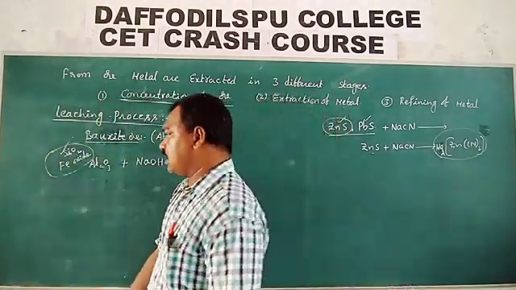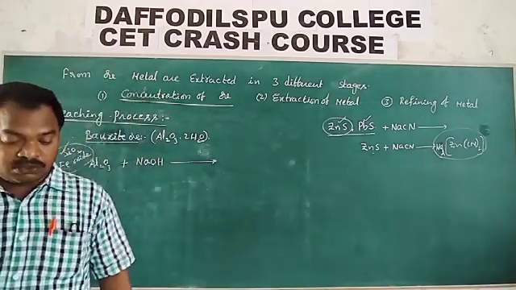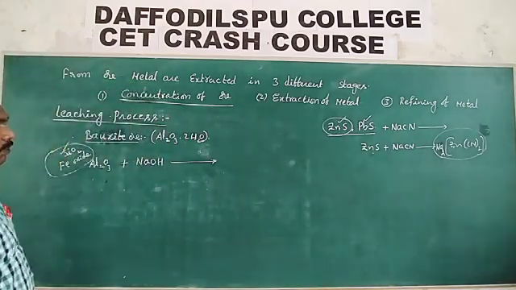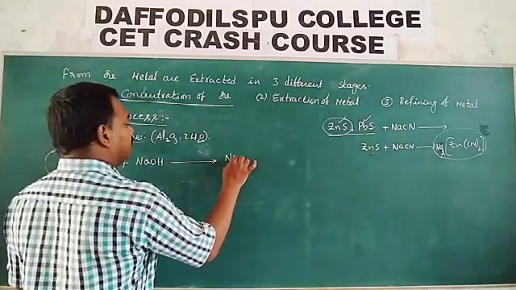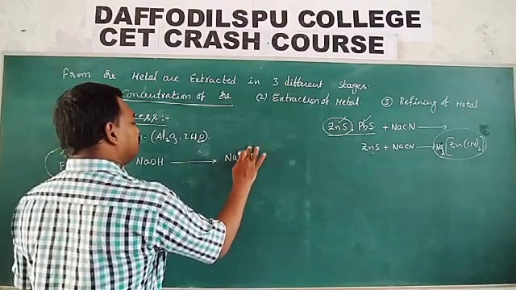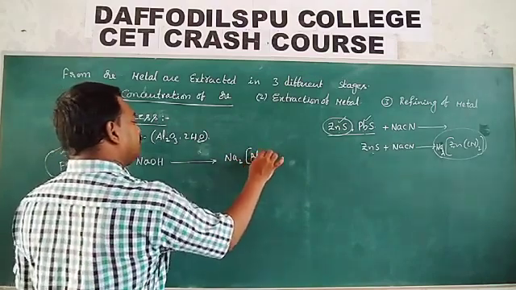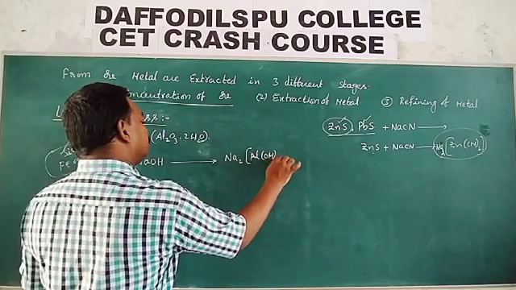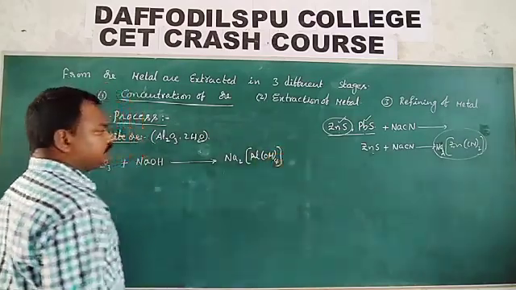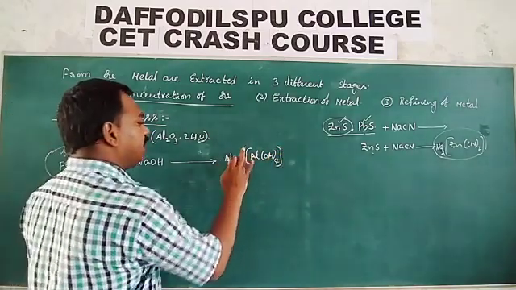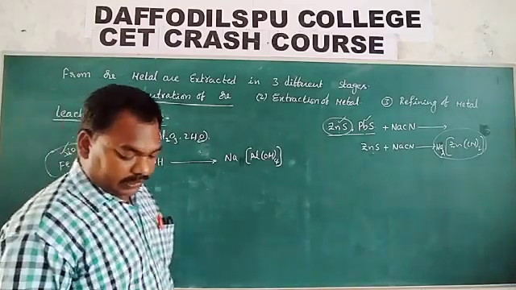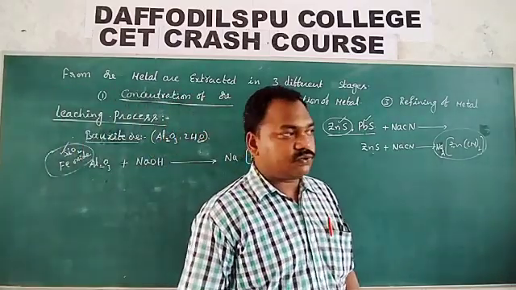When this bauxite dissolves in sodium hydroxide, you will get sodium meta-aluminate, NaAl(OH)4.